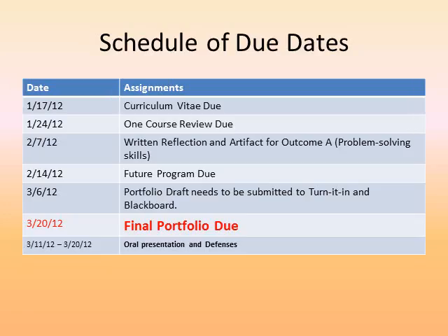All of the due dates from January 17th, 2012 until March 6th, 2012 are for you to submit the sections for peer and instructor feedback. This is to let you know you are on the correct track and what you need to improve on.